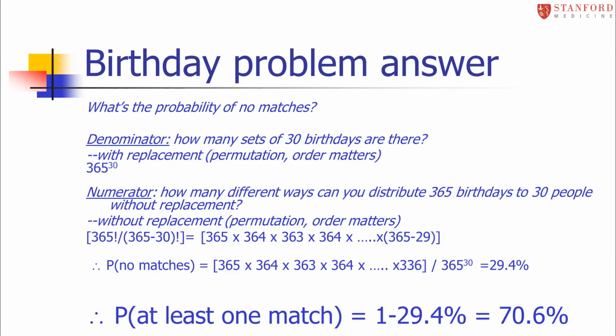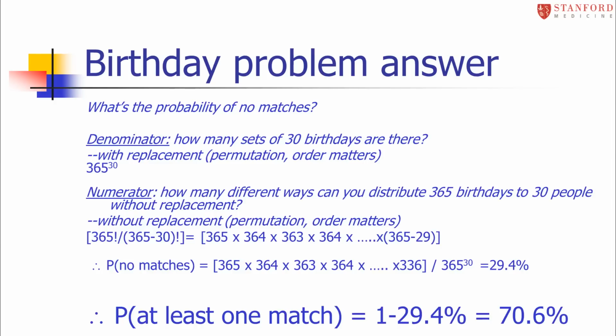And remember, we're trying to calculate the probability of no matches here. So if we want to have without replacement, and we're going to consider order only because we did so in the denominator, that's a permutation without replacement. So we're going to go with our factorials. It's going to be 365 factorial divided by (365 minus 30) factorial.